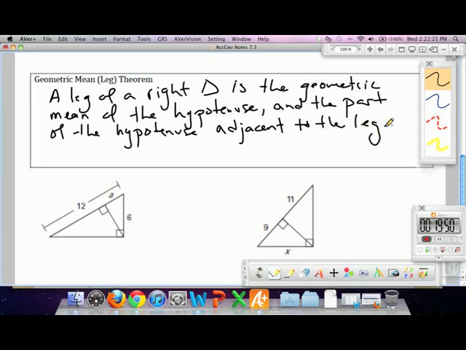Or in formula, this would say that the part over leg is equal to the leg over the hypotenuse.